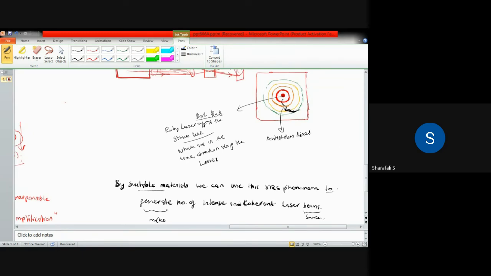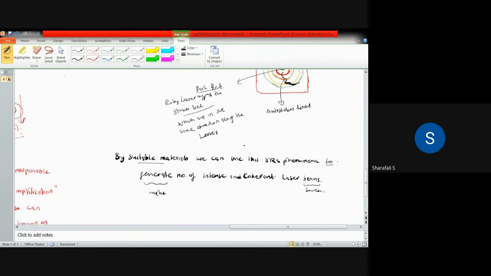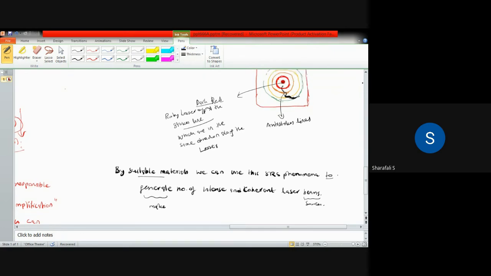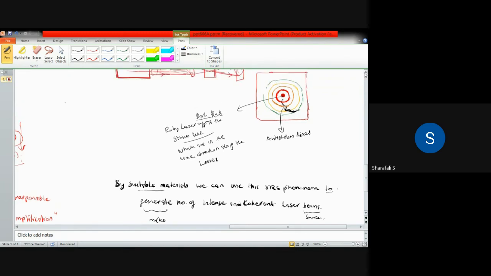So that is the basic difference between the conventional and stimulated Raman scattering processes. One is a linear phenomenon, another one is a nonlinear phenomenon, and in the SRS, or stimulated Raman scattering, we will have very high intensity lines. Even in this particular case, you are sending a deep red or dark red ruby laser, but you are getting another red frequency, and another orange color, which means you are getting some other frequency, and then yellow color.